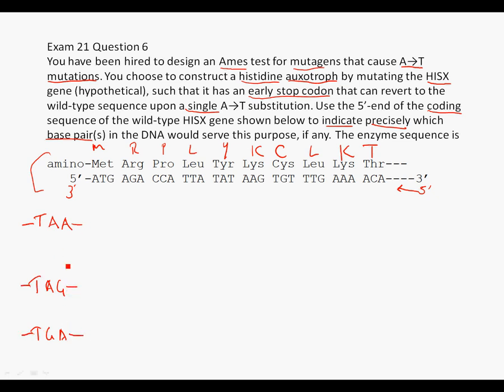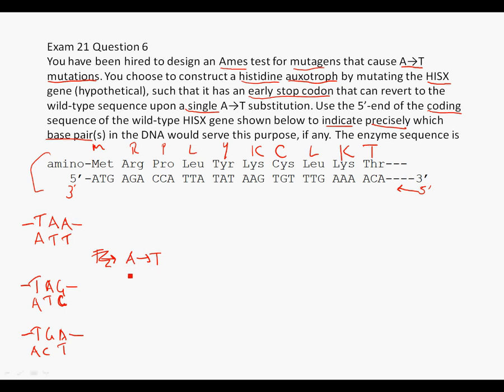If I want to keep in mind the other strand, which is not shown, that's a C, T, A, T, C, A. And I want to find something where an A to T substitution will turn a stop codon back.